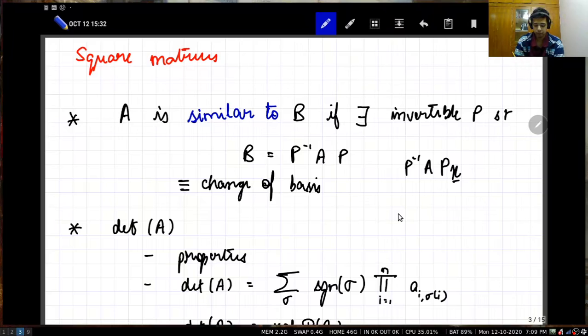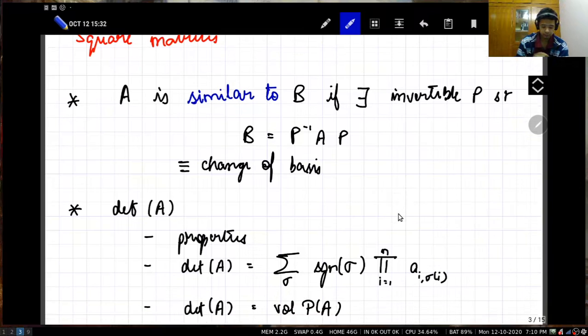And if B is equal to P inverse AP, then A is similar to B in the sense that all the properties of A are contained in B, and essentially it corresponds to changing the basis in terms of the basis vectors P. So A can be written in terms of B by just doing a change of basis, right? And therefore any change of basis corresponds to multiplication by an invertible matrix P. Okay, right. So this is the notion of similarity of matrices, and we'll use this in just a moment.